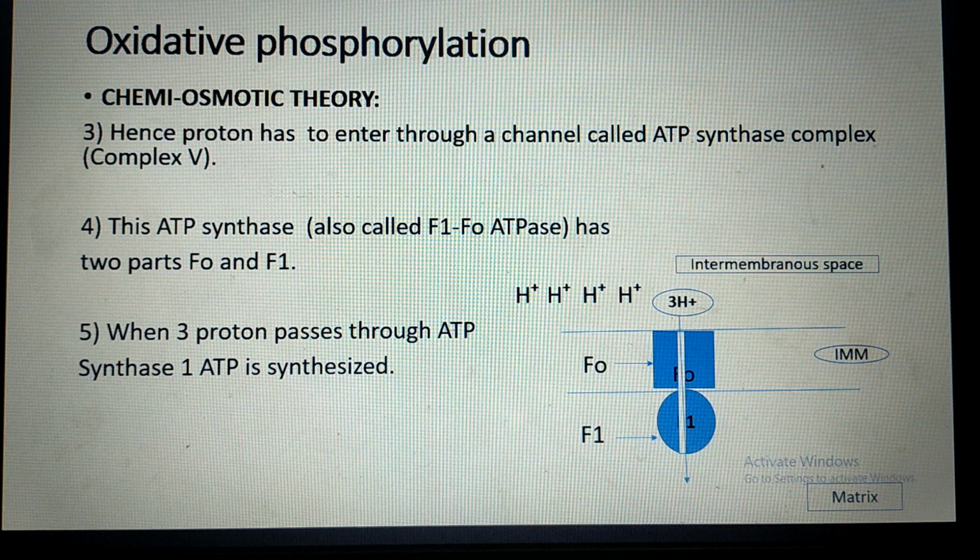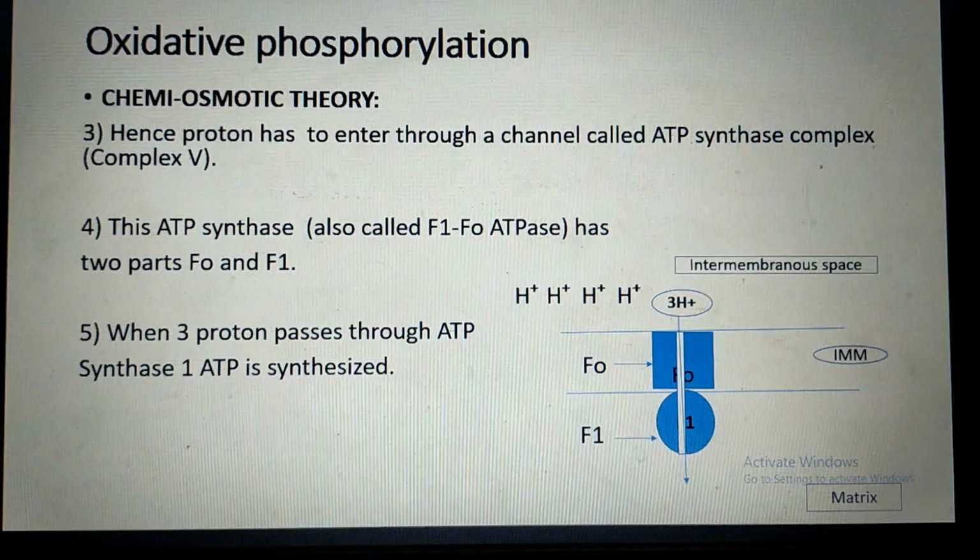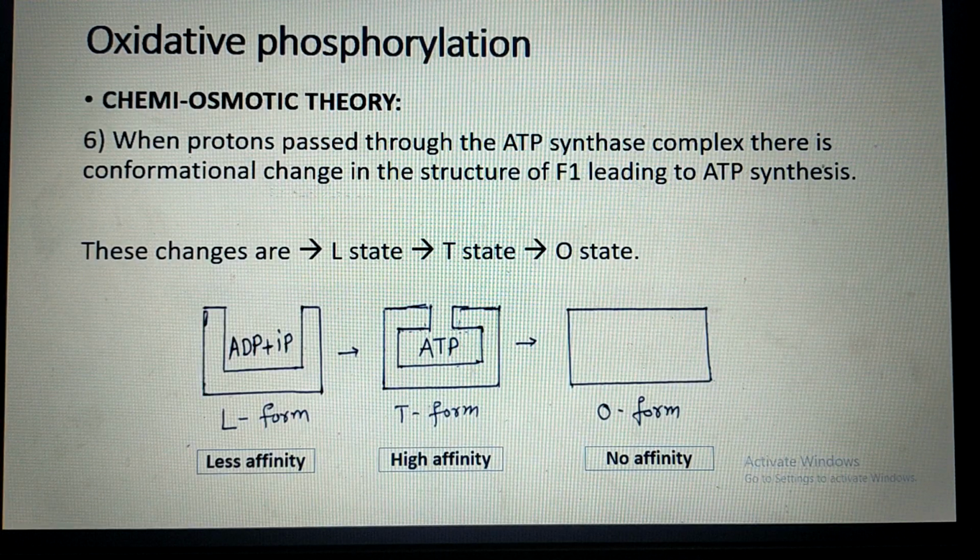When 3 protons pass through this channel of FO and F1, it rotates and one ATP is synthesized. When protons enter the channels of FO and F1 and pass through the ATP synthase complex, there is a conformational change in the structure of the F1 subunit leading to ATP synthesis.